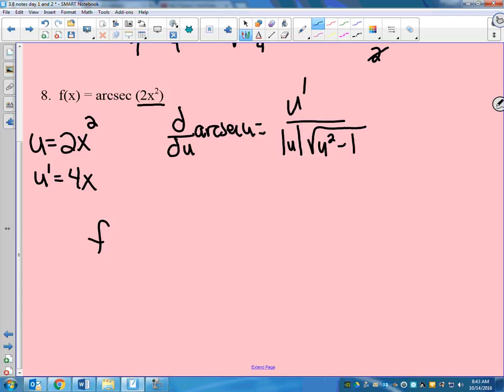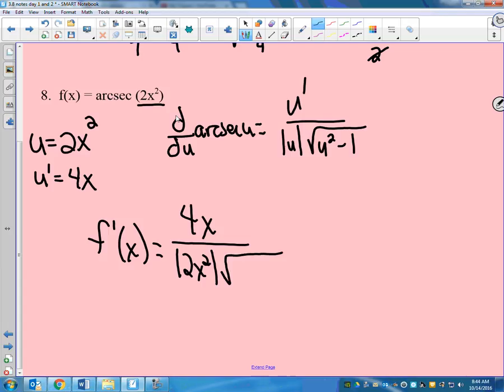So the derivative would be 4x over the absolute value of 2x squared, and then the square root of, and remember the mistake that people make the most is they square the x, but they forget to square the 2. So you have to square both of these. So that would really become 4x to the 4th, minus 1. Questions on where I got those things from?